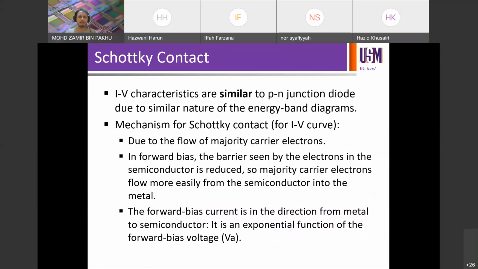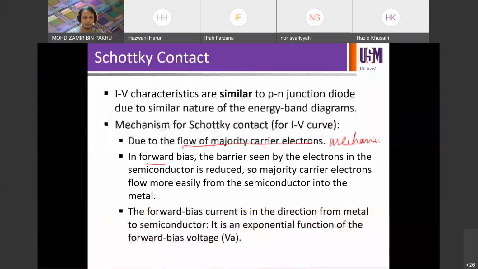IV characteristics are similar to the PN junction diode, with energy band diagrams. For the IV curve, the mechanism is the flow of majority carriers. In forward bias, the barrier seen by electrons in the semiconductor is reduced.